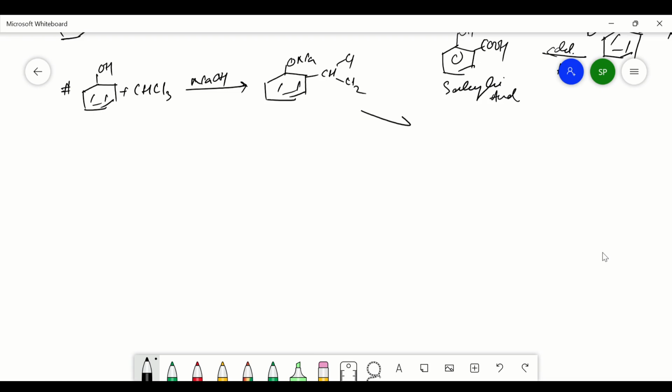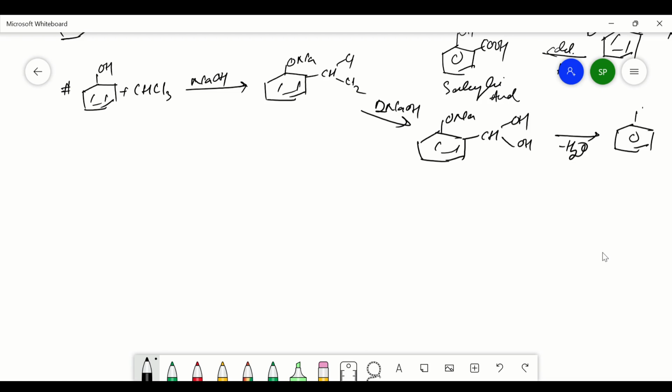With NaOH there will be a nucleophilic substitution reaction and two OH groups will be attached. This is unstable, so water will be released, that is dehydration, and there is formation of salicylaldehyde, and further hydrolysis will produce salicylaldehyde. Now we'll see the mechanism of this reaction.